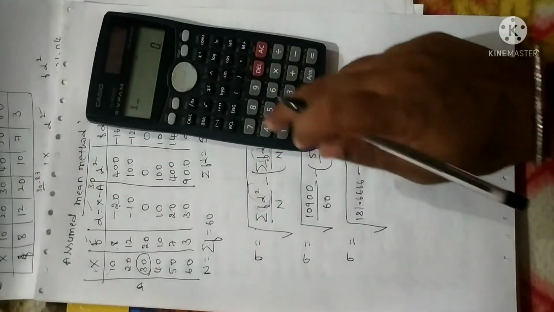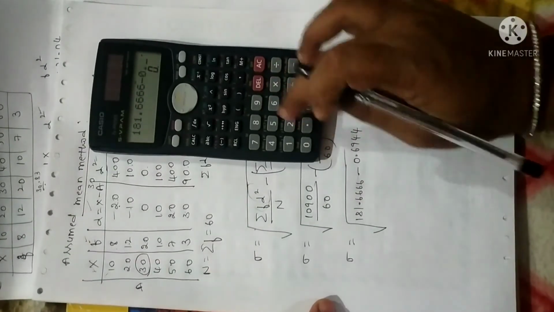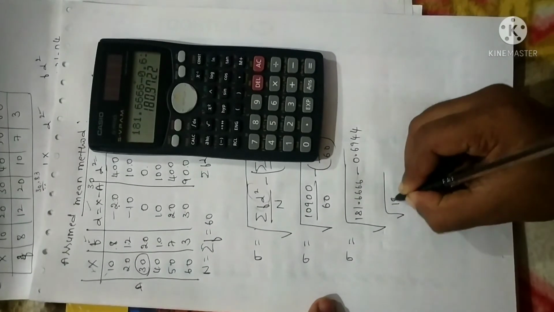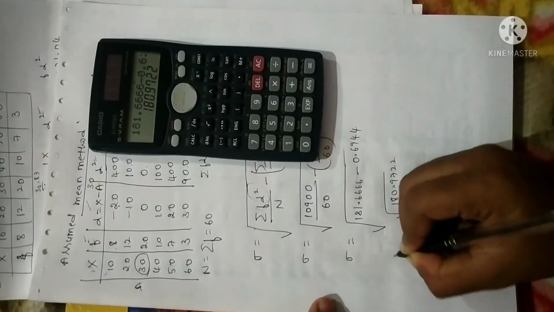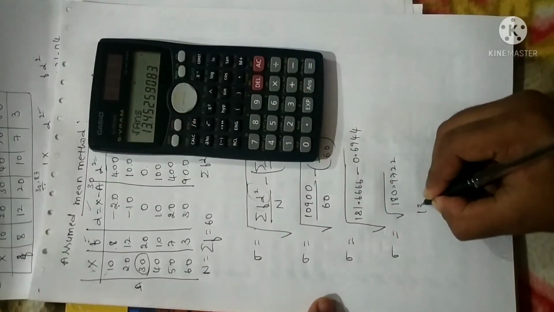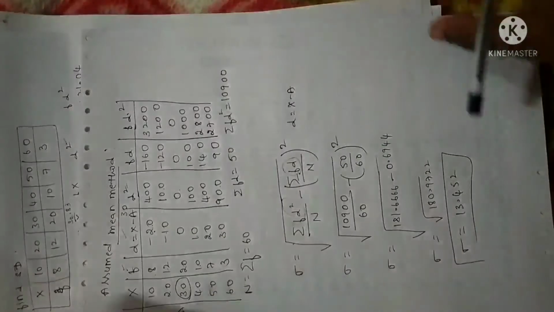I'll just subtract 181.6666 minus 0.6944. So you will get square root of 180.9722. So required standard deviation is square root of answer, that is 13.4525. Clear? So the standard deviation obtained for the same problem by using actual mean method is 13.452.